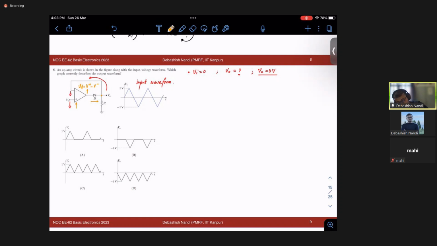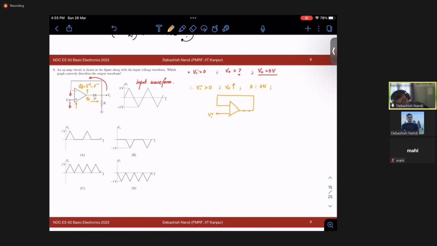So during the positive half cycle, when Vi is greater than 0, let's say this is Vx. My Vx tries to increase, which makes my diode D on. Let me draw the circuit in that case. This is Vi and this is the feedback path, right?